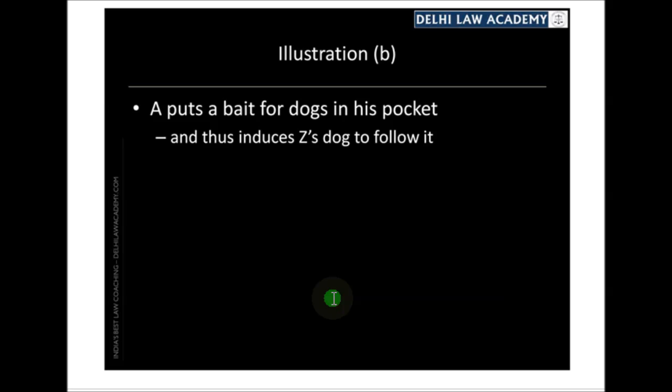A puts a bait for dogs in his pocket and thus induces Z's dog to follow it. Now, in this case, A has done nothing to the dog. He has not interfered at all in the dog's functioning. However, still the IPC says that it amounts to an offense of theft.